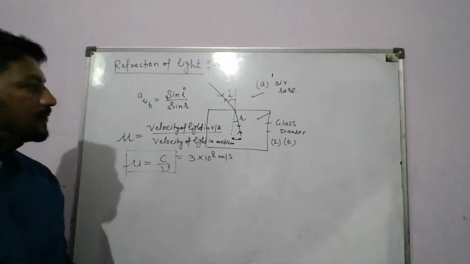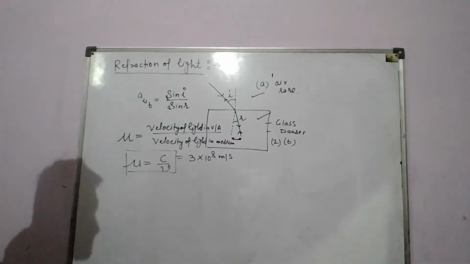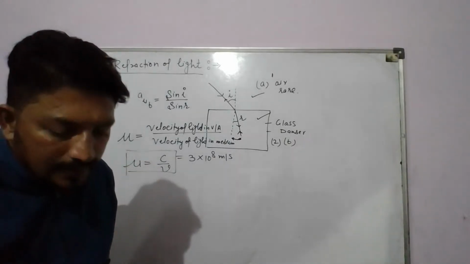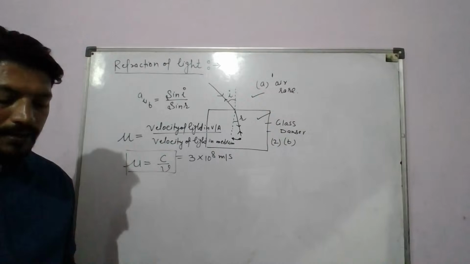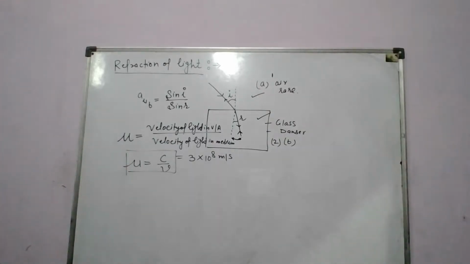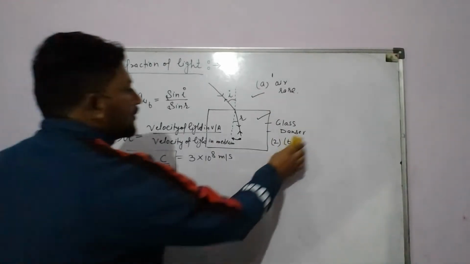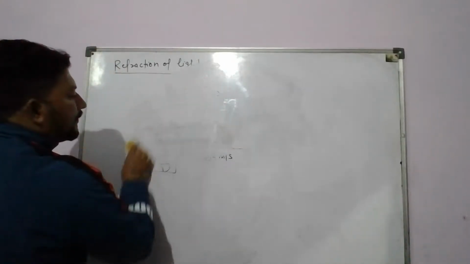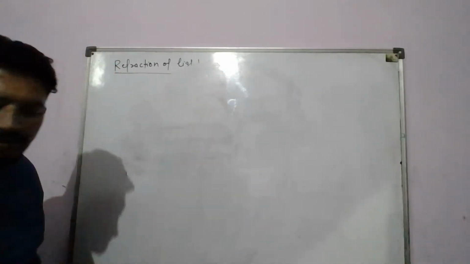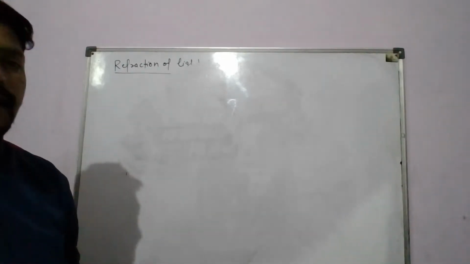So there is one more concept. First of all, we will discuss your subjective portion. After that, we will solve your numerical portion or JEE or NEET questions. After that, we will study the principle of reversibility of light, I mean how to reverse the light.